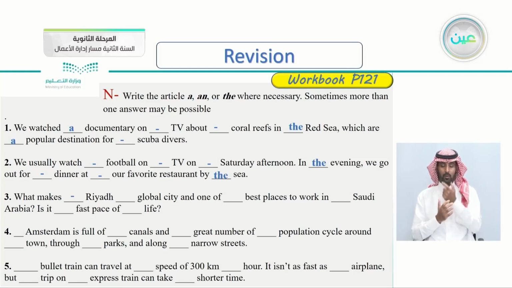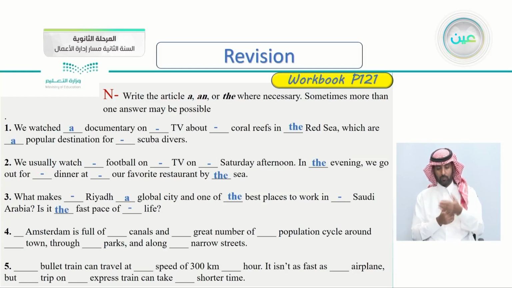What makes Riyadh a global city and one of the best, yes, one of the best places to work in Saudi Arabia? So, yes, we put nothing here. Is it the fast pace? Yes, is it the fast pace of, that's correct, of life?